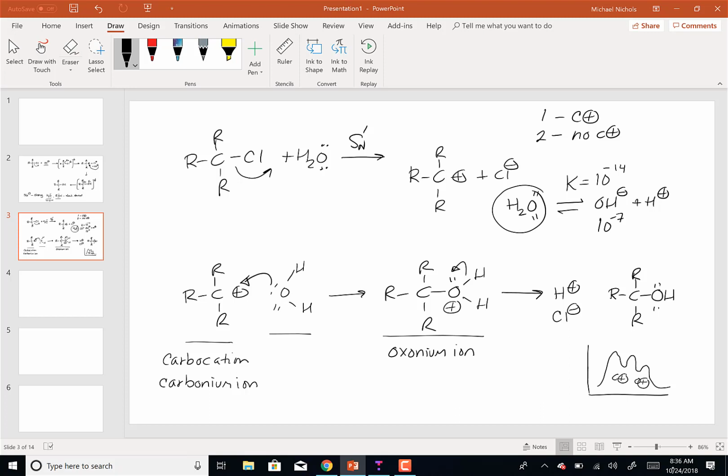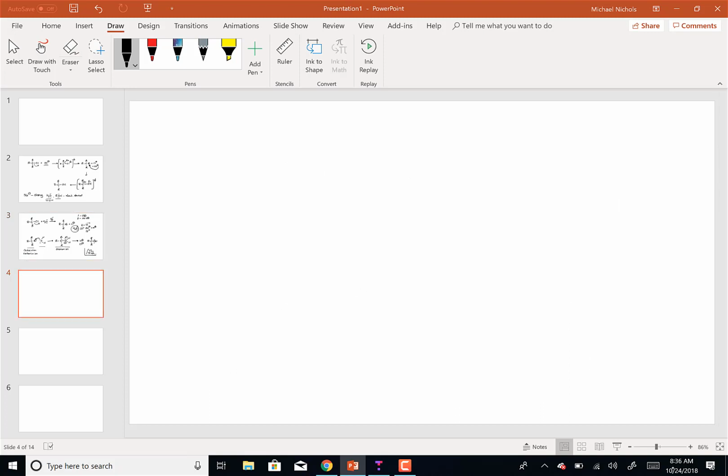But let's look at the transition states now. So let's just do that on a separate sheet here. What would the transition state for this reaction look like?